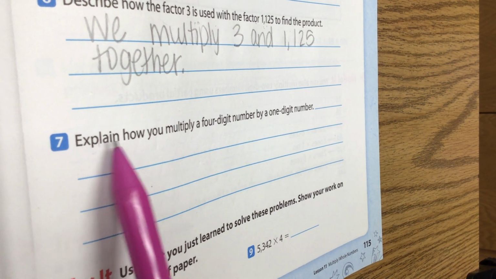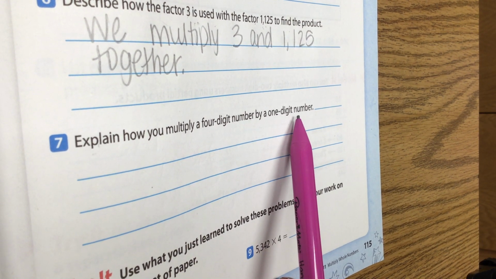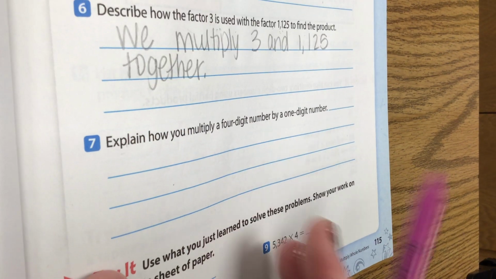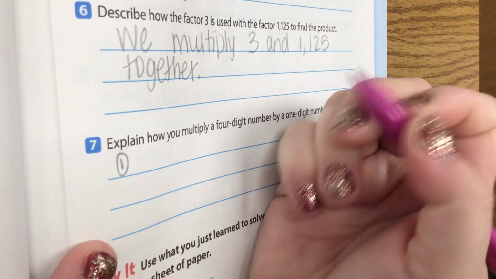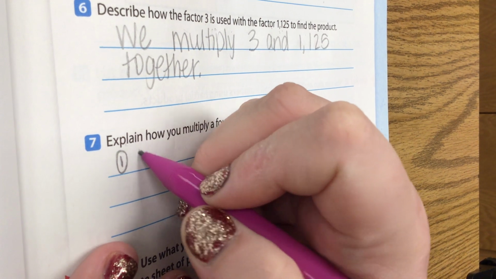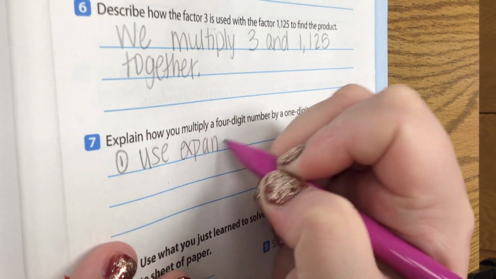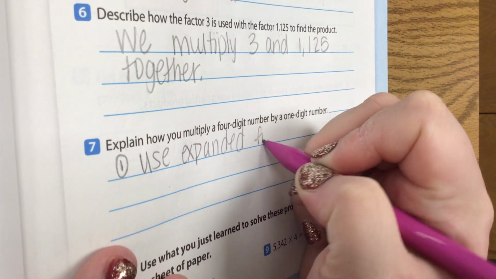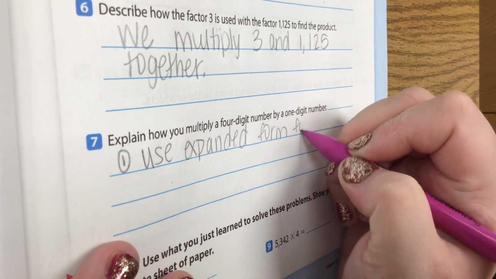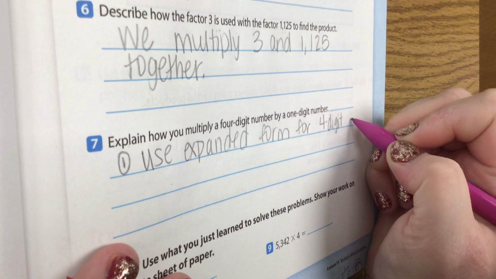Number 7. Explain how you multiply a 4-digit number by a 1-digit number. So, what was the first thing that we did? First, I'm going to put a little 1 there. Use expanded form for the 4-digit number.